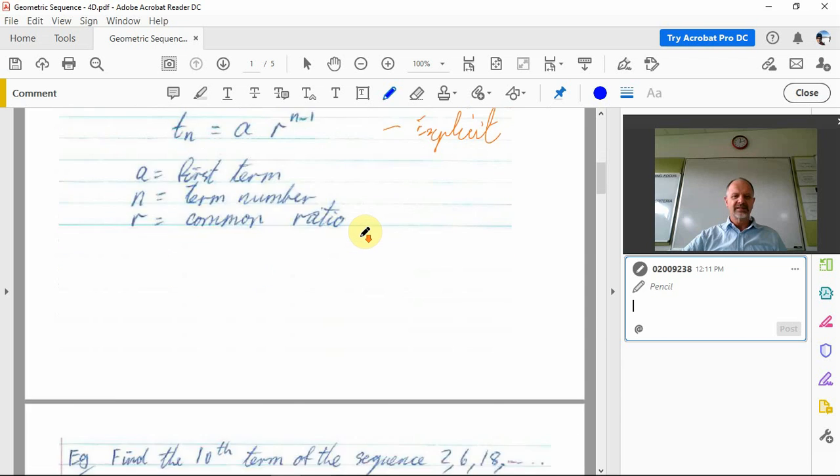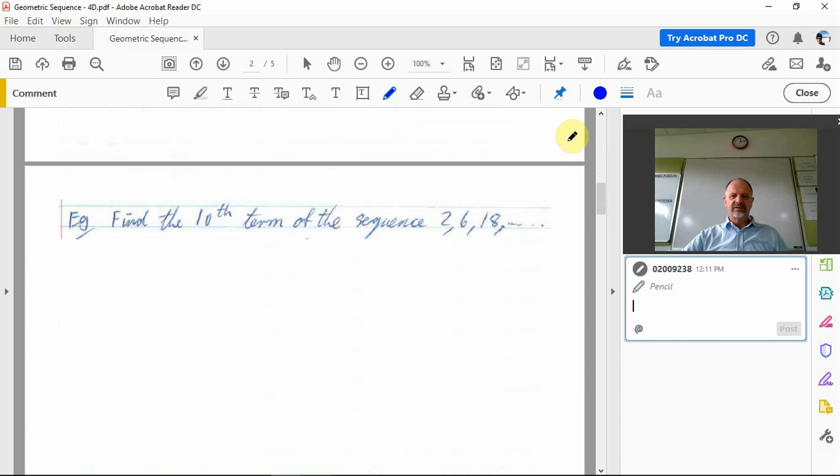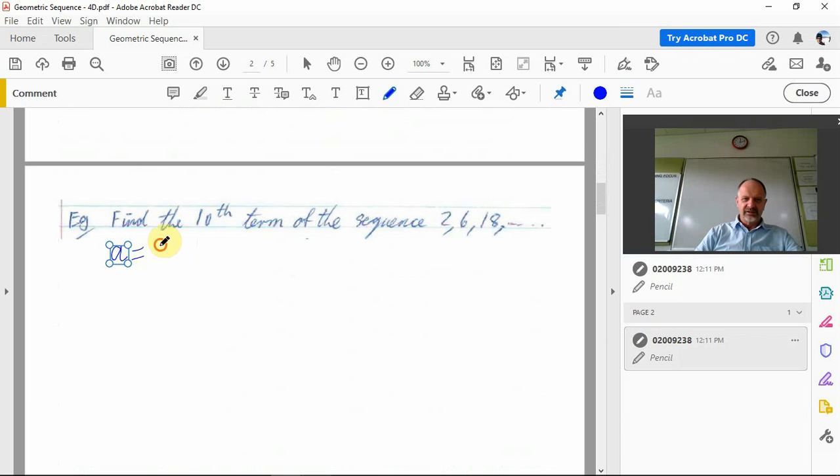Let's have a look at some examples. Find the 10th term of the sequence. Well, we know the first term is 2. And this one's pretty straightforward, we know the ratio is 3. But if you're not sure, you can take any two terms, as long as they're next to each other, and take the later one and divide by the one before it.